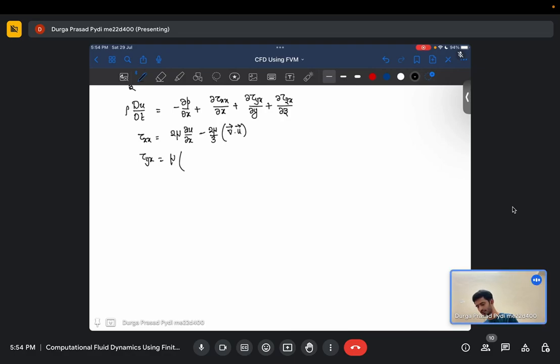Tau yx is essentially your mu times del u del y plus del v del x, minus lambda, which is essentially minus 2 mu by 3.